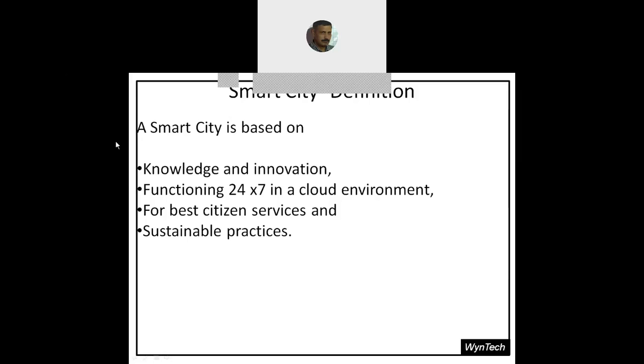Smart city, by definition, is based on knowledge and innovation. So whenever there's a problem, you apply innovation or the knowledge you have and plan it. For example, when we visited the slum department of Delhi around 15, 20 years back, they said, give us some innovative ideas, as we wanted to remove the slums.